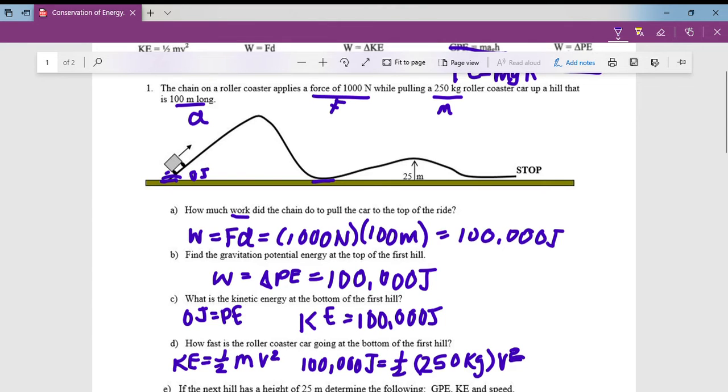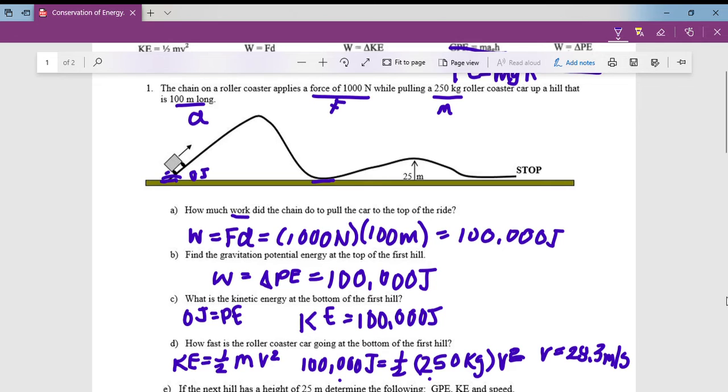So we take 1/2 of 250, which is 125, divide 100,000 by 125, and then take the square root because we have v squared. We end up with a velocity of 28.3 meters per second.